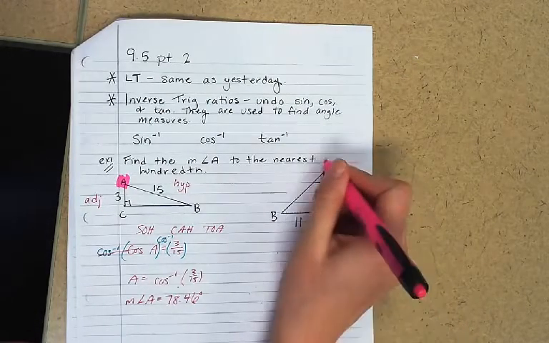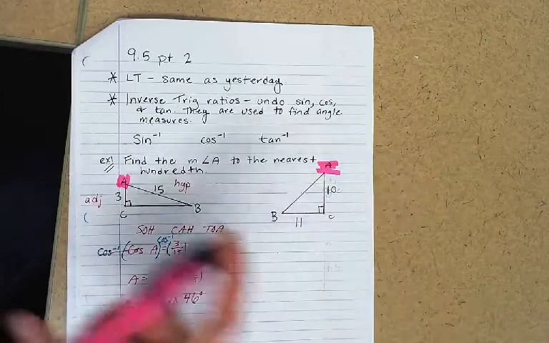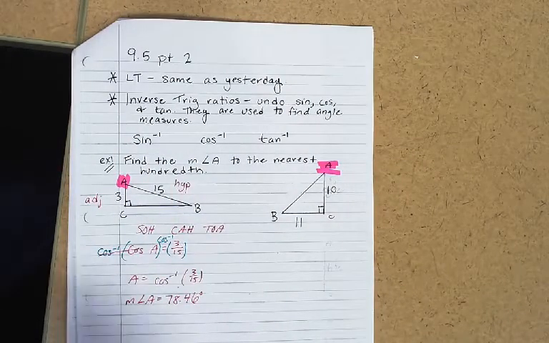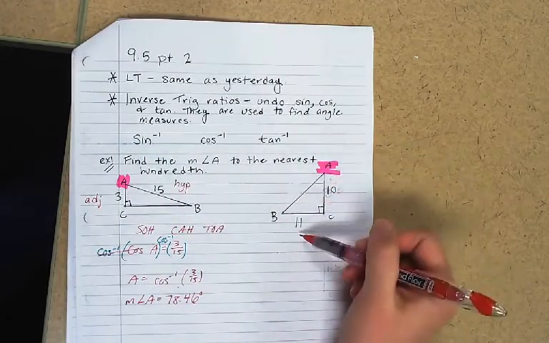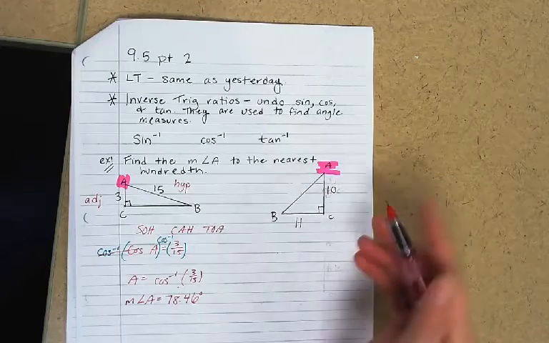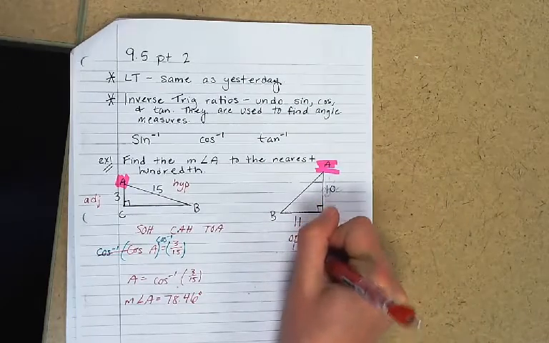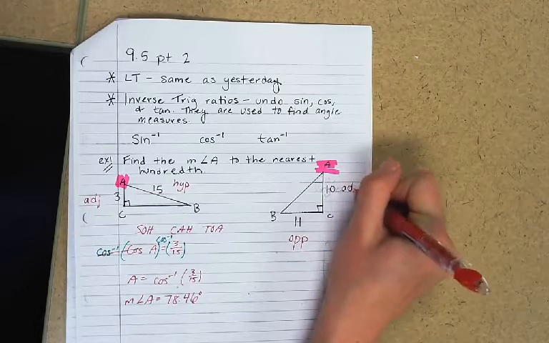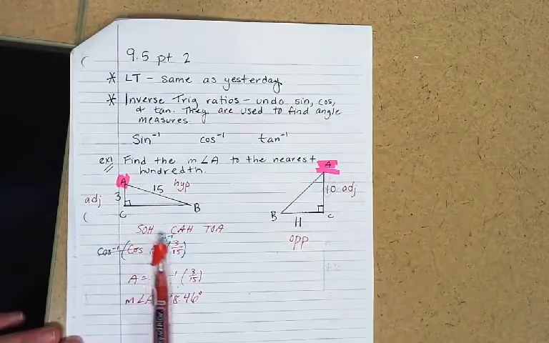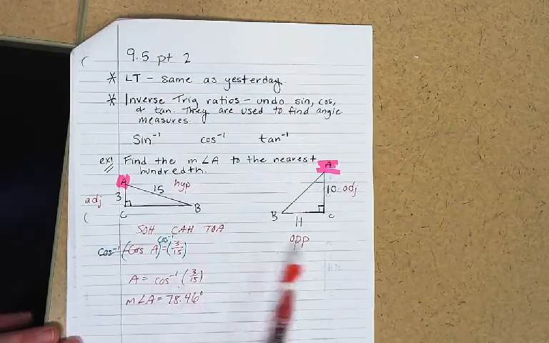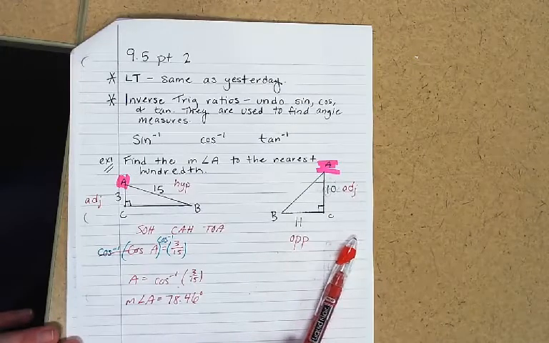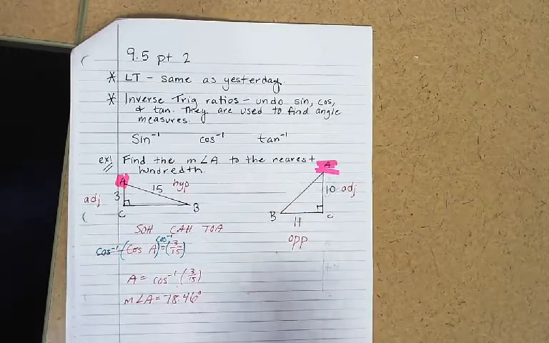Hopefully you paused it. So this is our reference angle. We're trying to figure out A. On this one, we are given opposite and adjacent. So here's our opposite, here's our adjacent. Which of these three trig functions has the O and the A? That's tangent.